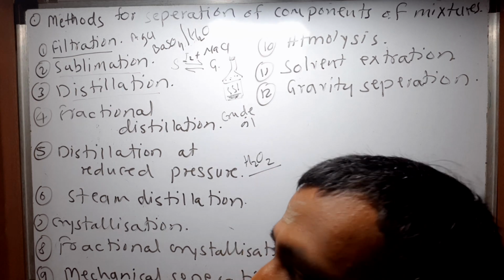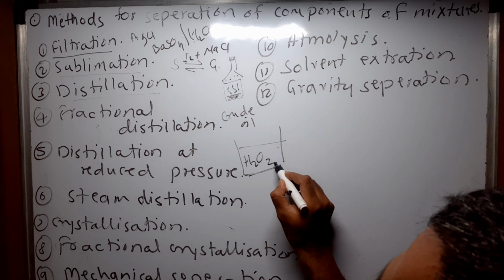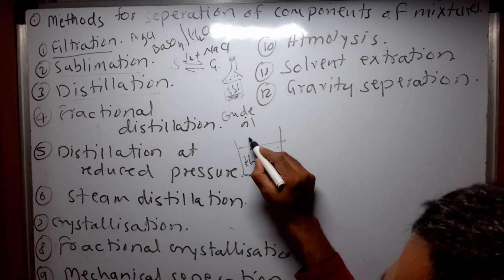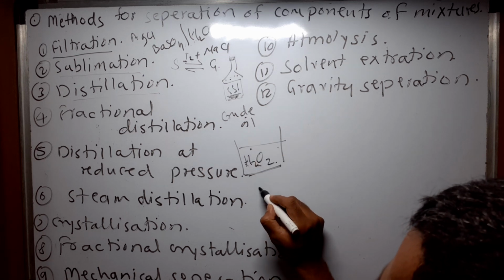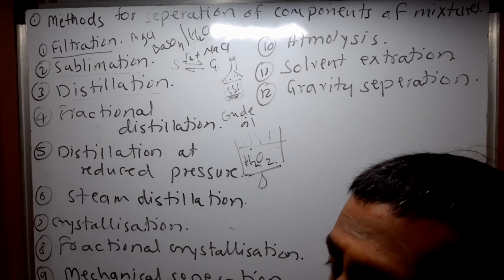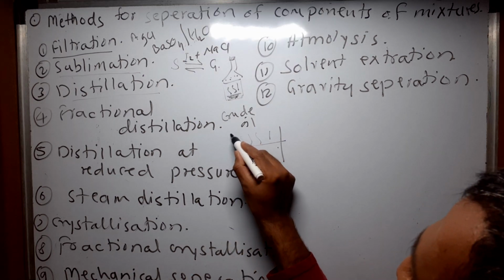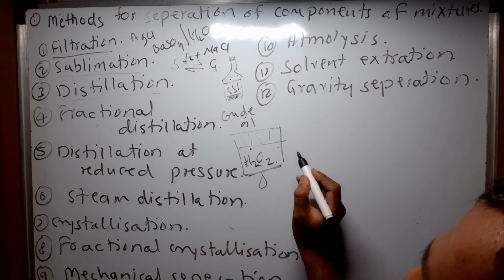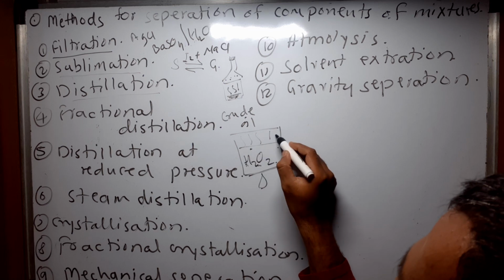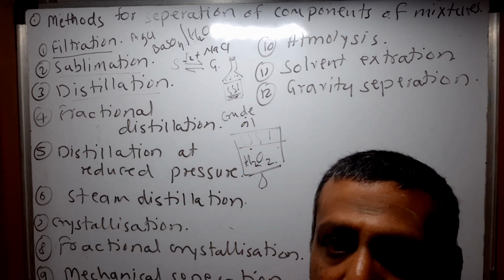Are you understanding? So here we have kept the hydrogen peroxide and some other things. We give heat energy to it. Hydrogen peroxide gets vaporized, but at the boiling point it is going to decompose. So in that case, we should reduce the pressure. What will happen? Whatever the atmospheric pressure was earlier, we reduce the pressure artificially.